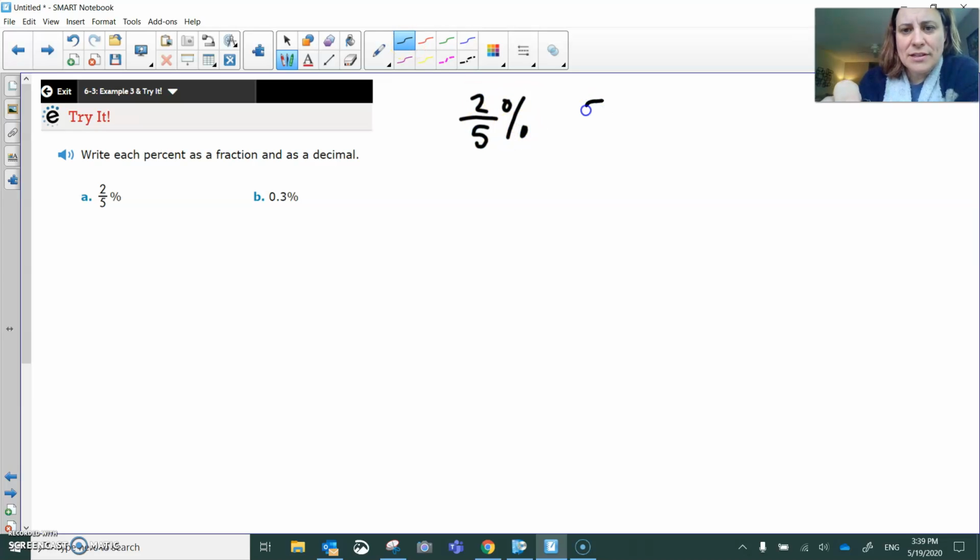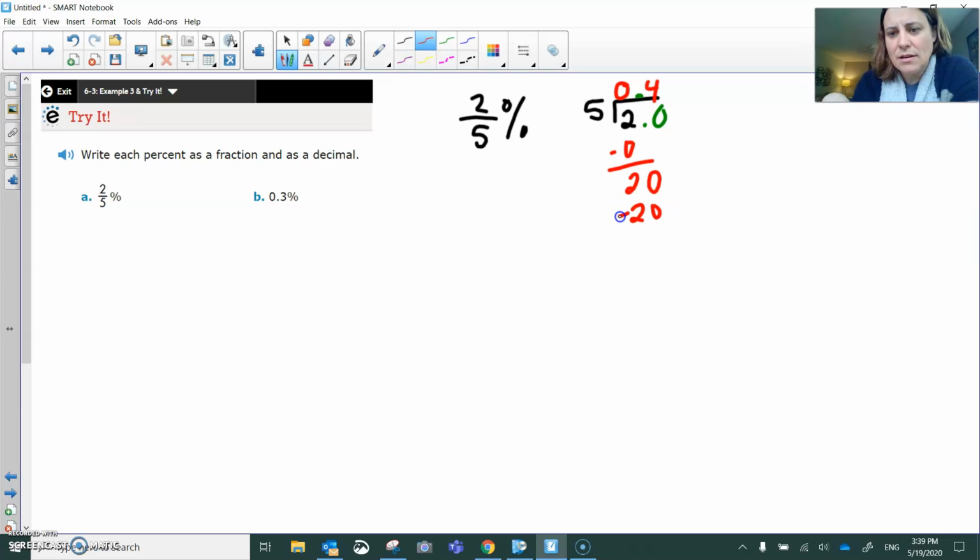The 5 goes on the outside, the 2 goes on the inside. I know I'm going to be adding in some zeros here, so I'm just going to do it now. I can't divide a 5 out of 2, so that's a 0. And then I subtract and bring down. I can take 5 out of 20 4 times. 4 times 5 is 20.